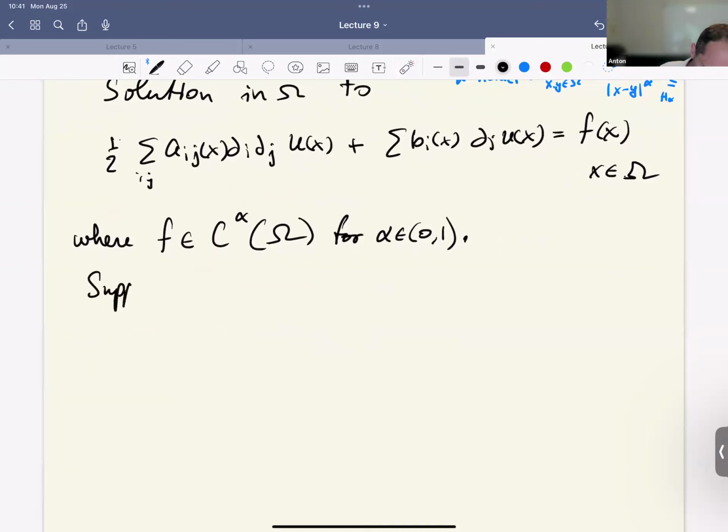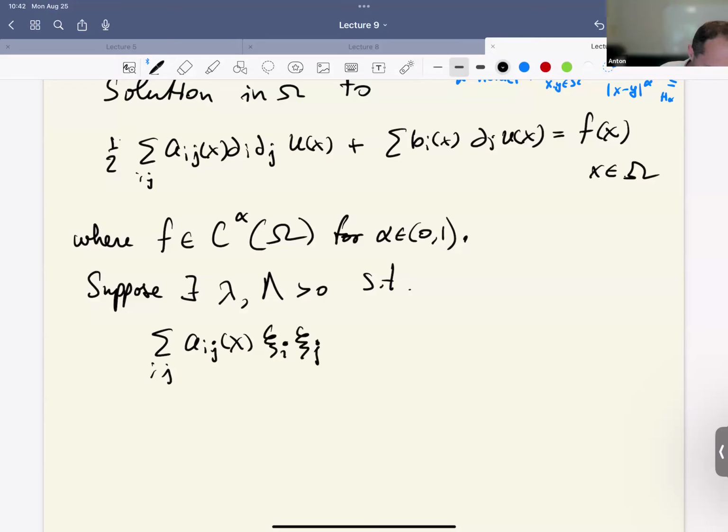Next, suppose that there exists a little lambda and a capital lambda, both positive, such that condition number one: the sum over ij of a_ij of x, xi_i xi_j is bigger than or equal to some lambda times the norm of xi squared. And all of these absolute values refer to Euclidean norms.